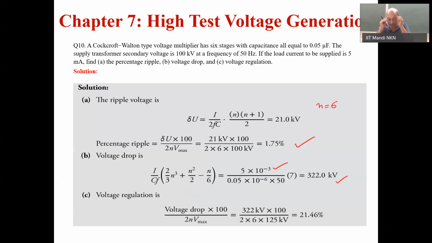How much voltage drop you have calculated, and when there is no current being drawn, that means there is no load, what will be the output voltage? Or you can say the load is no load, or the load is infinity, one and the same thing. An infinite resistance load is being connected, that is, no current will be able to flow. So that works out to be the regulation of the order of 21.46%.